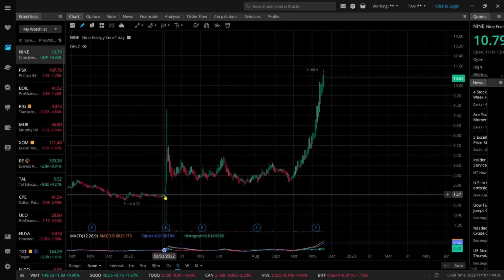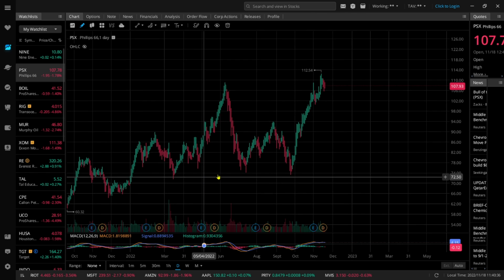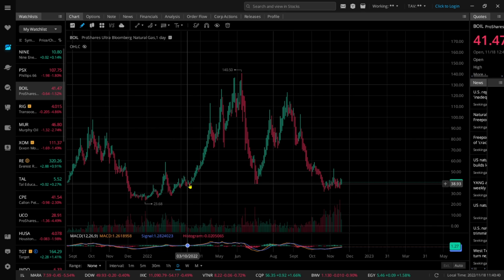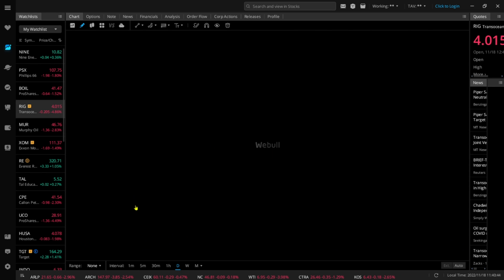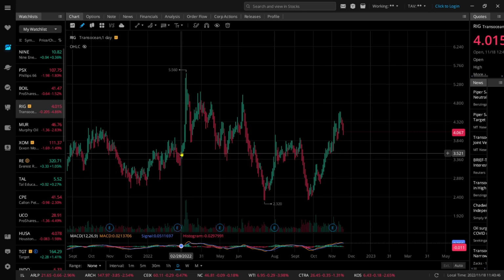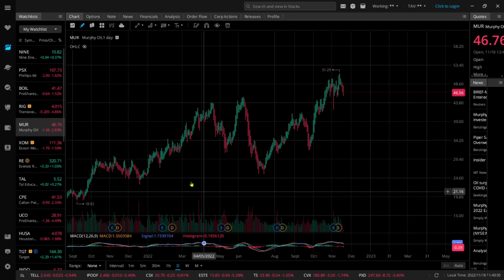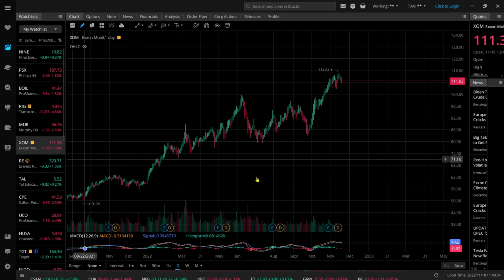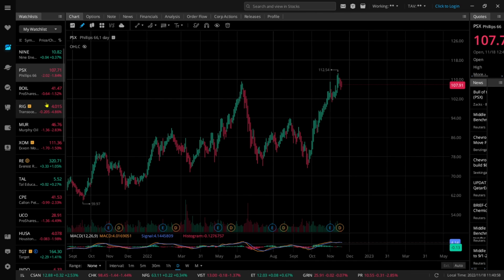But check this out. Back in March when we had that spike in crude, we had a spike. Spike. Do you see what I'm saying now? It's the same thing over and over. But you have to remember, crude oil will push your oil stocks.